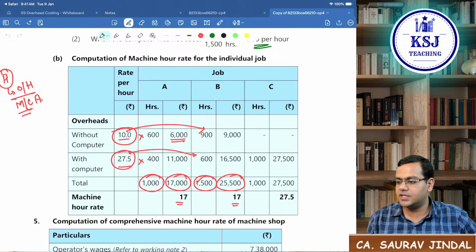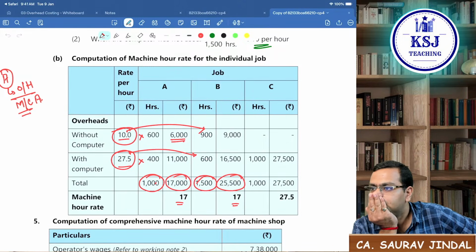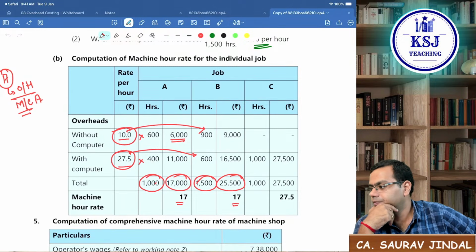Any doubts in this, guys? All clear in this question?